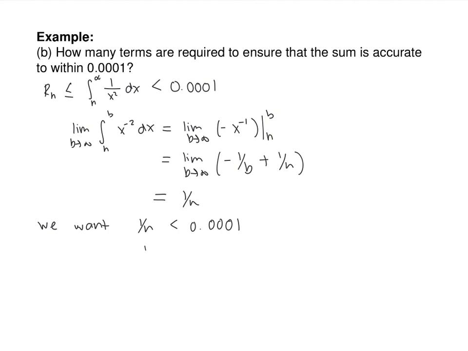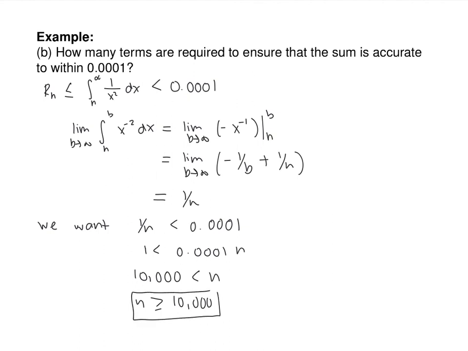So multiply the n over: 1 is less than 0.0001 times n. Divide by 0.0001, and we have 10,000 is less than n. So we need to take n bigger than or equal to 10,000. So find the sum of the first 10,000 terms to make sure our error is accurate to within 0.0001.